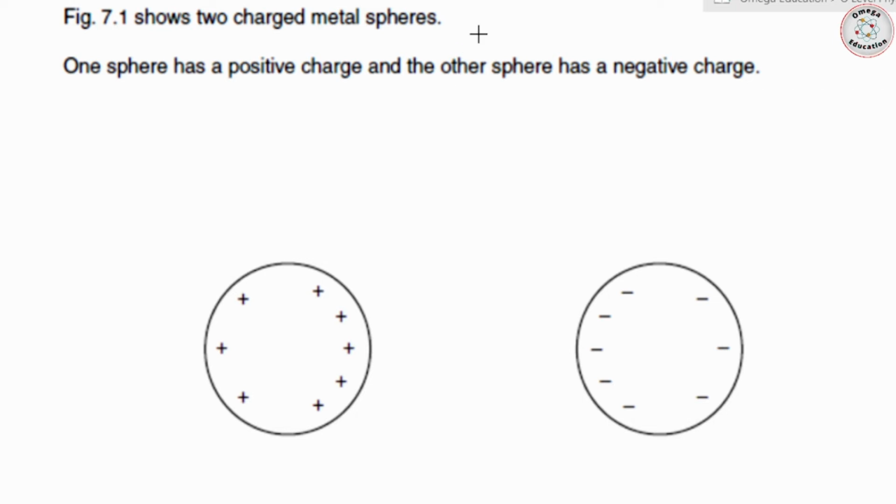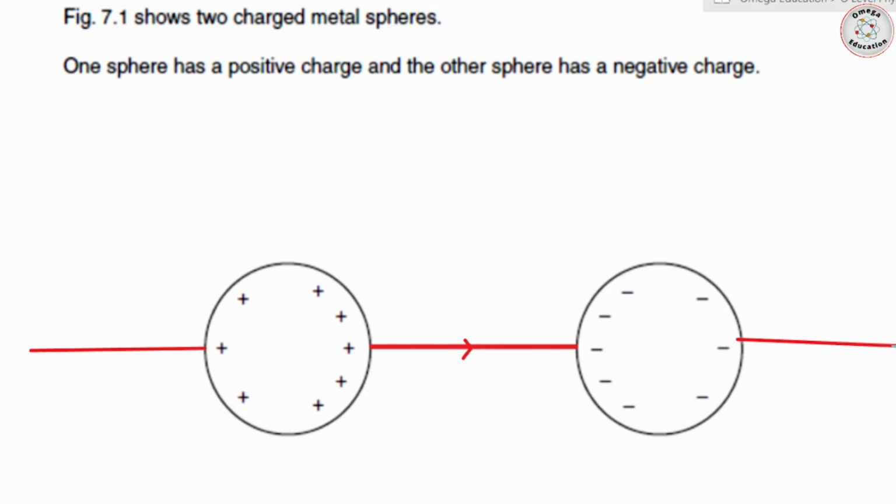So what we do is we draw a field line from positive towards the negative. So this line comes straight from the positive towards the negative, and there's another straight line on the edges, one here and one over here.